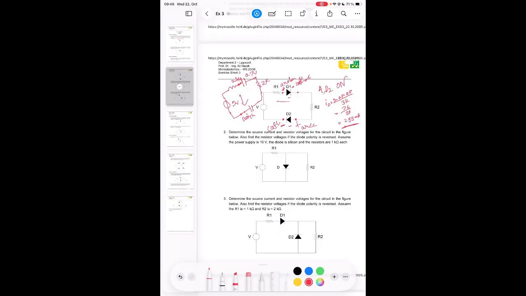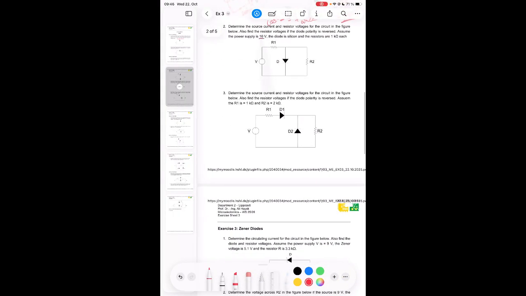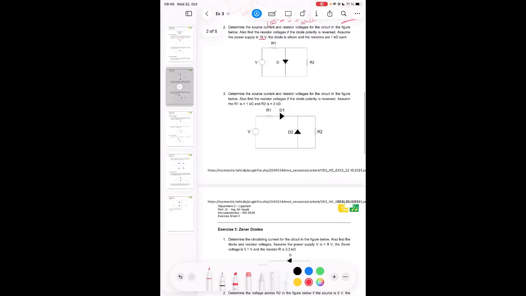Same question. So we have the 10 volt in here, and 1 kilo.